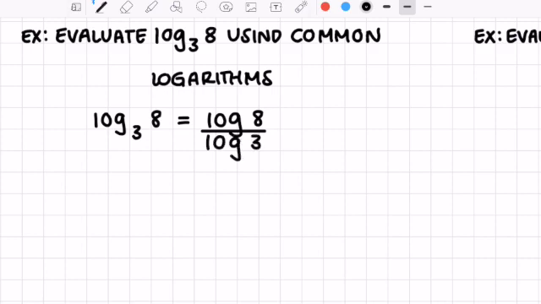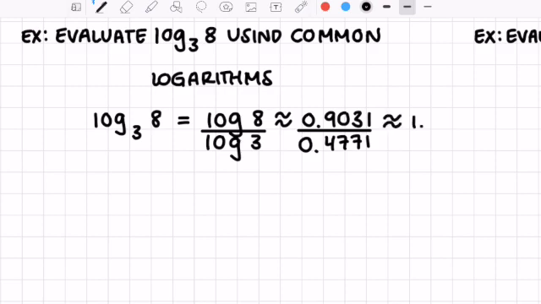Log 8 gives us 0.9031, and log 3 gives us 0.4771. Then I can divide the two and get my final answer, which is 1.893.